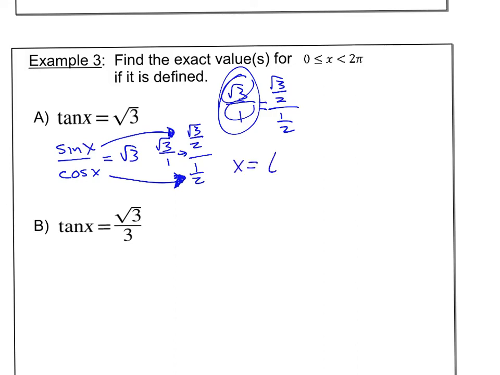So x would be equal to the tangent inverse of square root of 3. If I do that, what am I going to get? So looking around, where do I have square root of 3 over 2 and 1 over 2? I've got it at pi over 3, but remember, I'm going to have two of them.